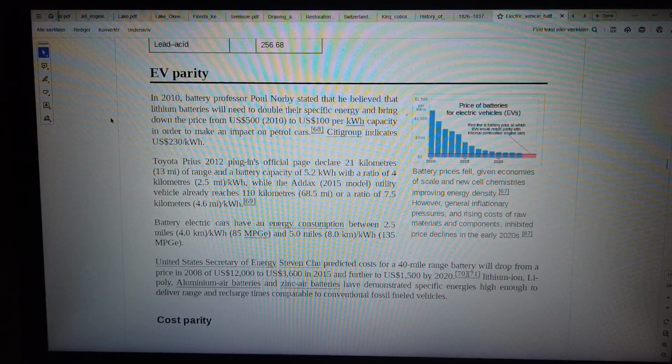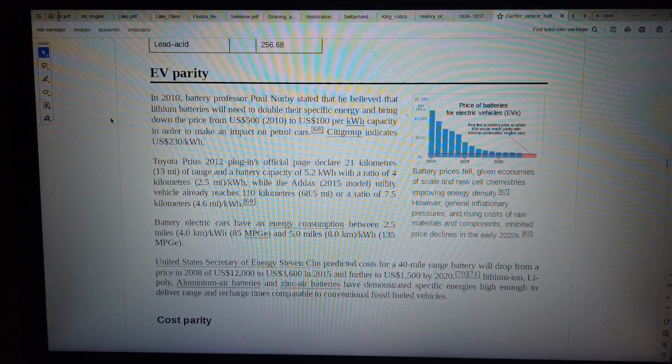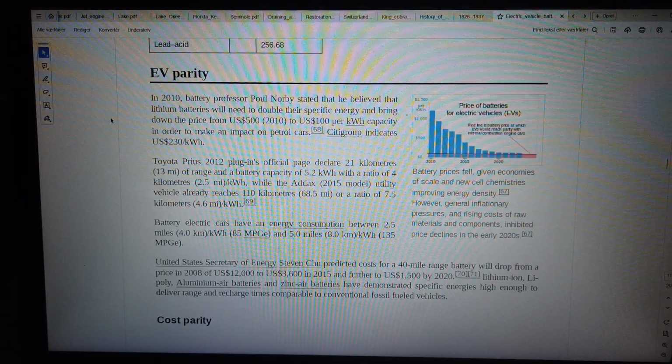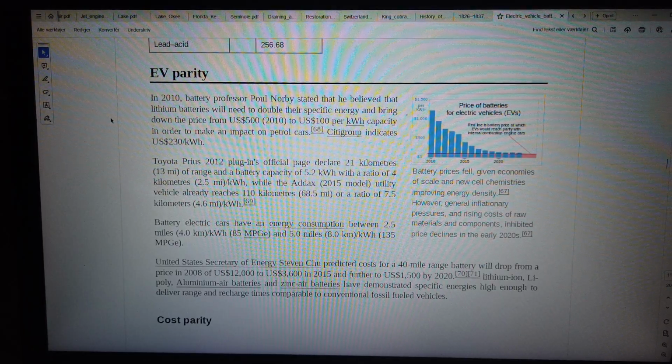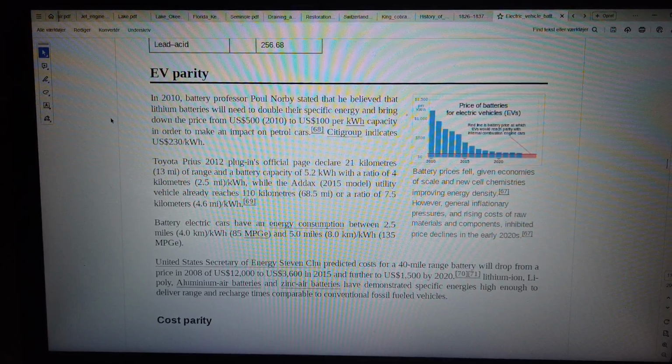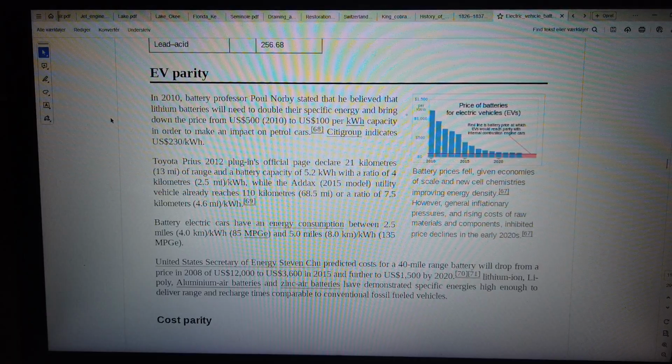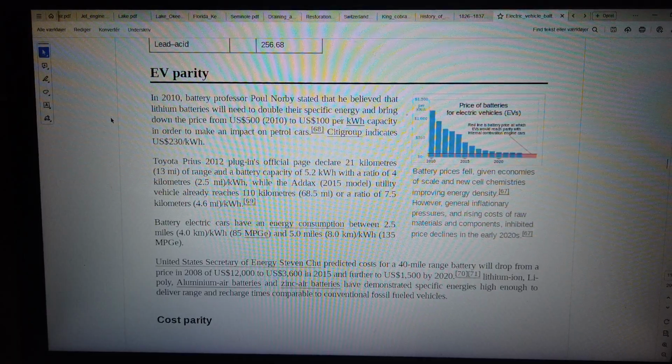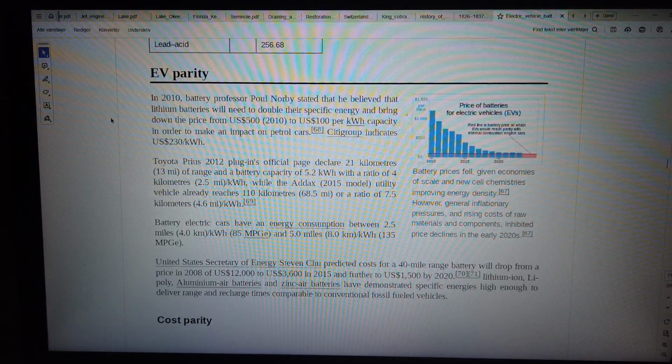56, 68. EV parity. Battery prices fell, given economies of scale and new cell chemistries improving energy density. 67. However, general inflationary pressures and rising costs of raw materials and components inhibited price declines in the early 2020s. 67.